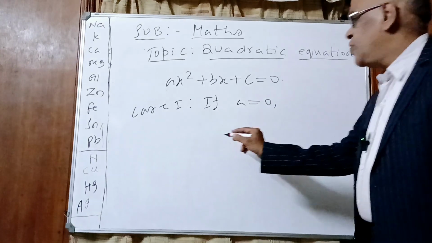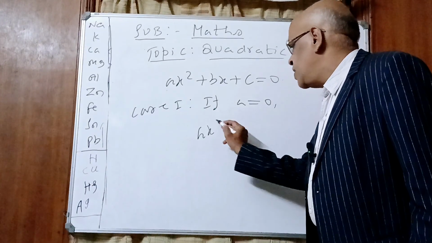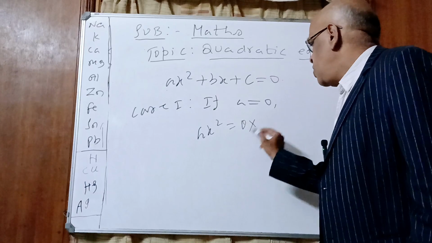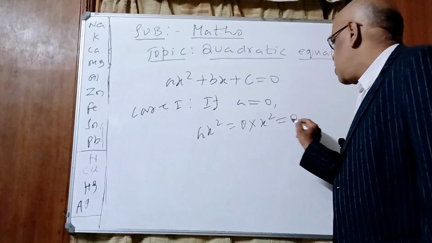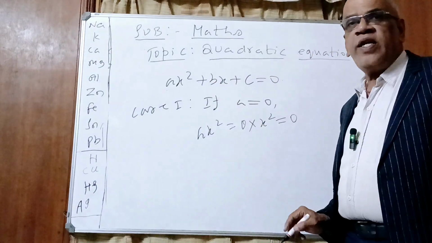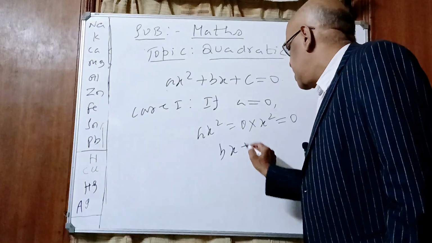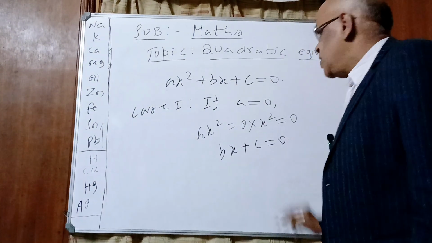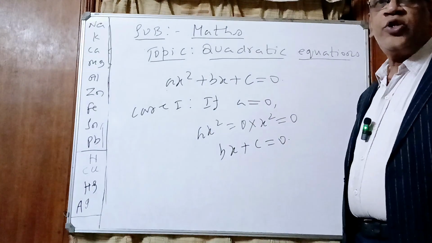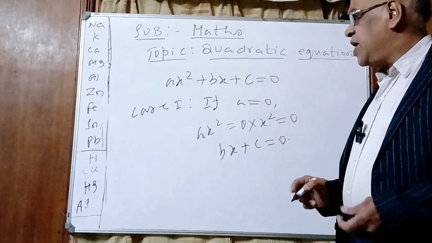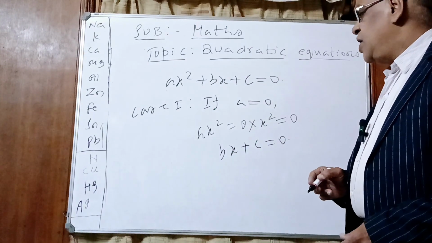If a is equal to 0, what will happen to ax square, children? 0 into x square, which is 0, means ax square vanishes. This equation gets reduced to what? bx plus c. Is it a quadratic equation? No. It gets reduced to a linear equation. Yes or no, children? Therefore, a should not be 0.